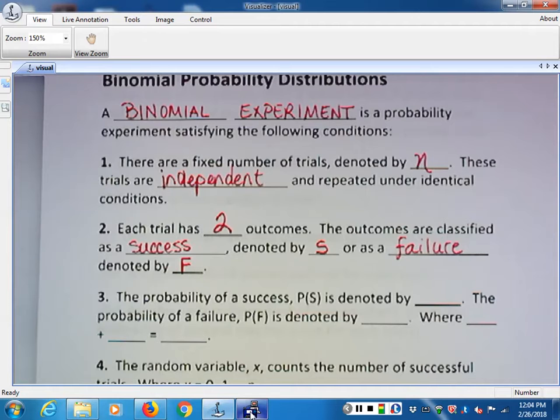Failure is that the pod's not green. If you are talking about the number of patients that have surgery performed on them in a certain kind of surgical procedure, success might be that the patient lived, failure might be that they died, or success might mean that the operation worked, and failure means that it didn't. But it's not always something that's good or bad.